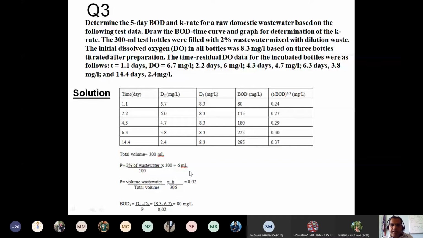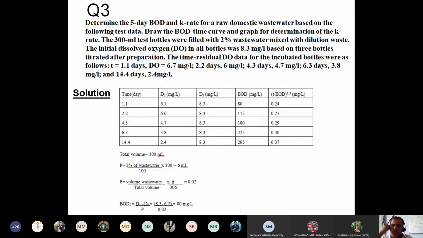Then you need to add one more column. It is called T divided by BOD, all to the power 1/3. Don't confuse and don't make a mistake. Don't take only BOD to the power 1/3 or T to the power 1/3. Take all and make 1/3. Hope you understand.